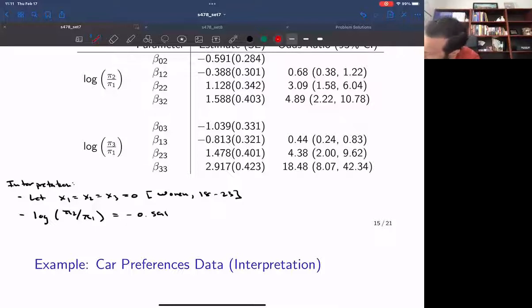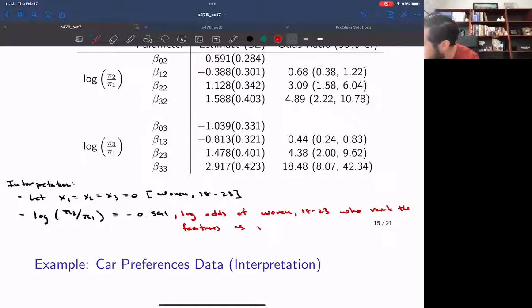Okay, so this is the log odds of women 18 to 23 who rank the features as important to not important, right?